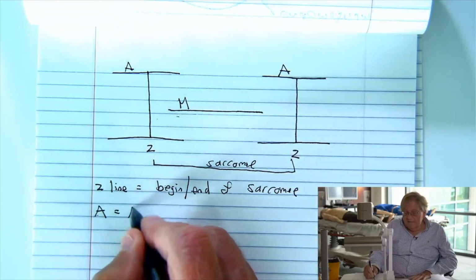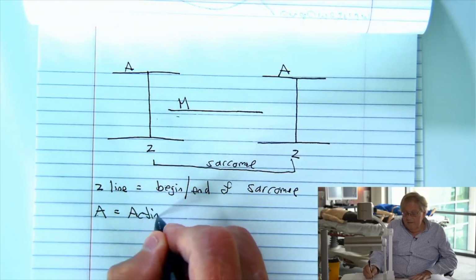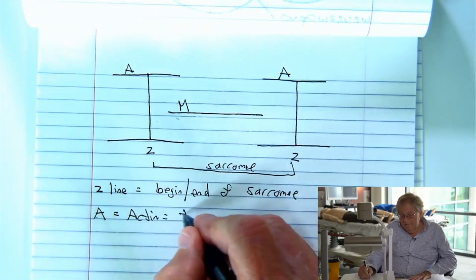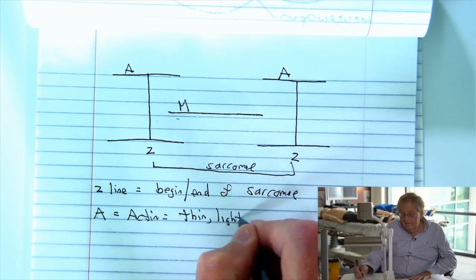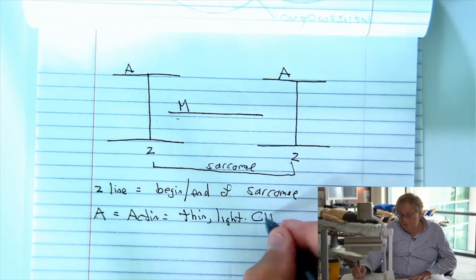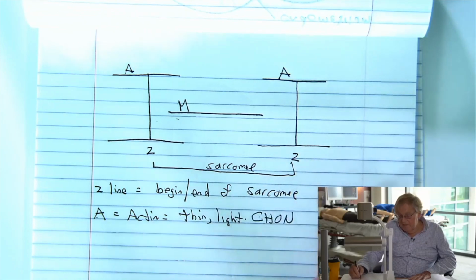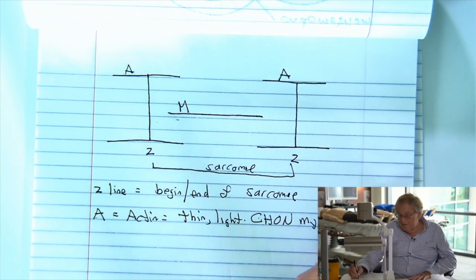So A equals actin, which is a thin, light protein myofilament. Remember the acronym, myo for muscle, filament.